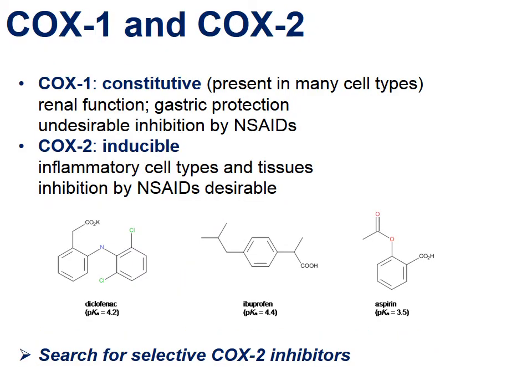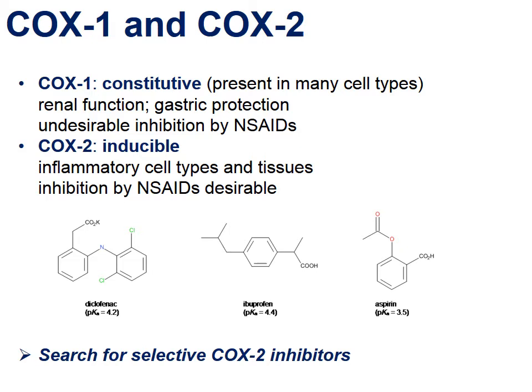So while the COX-1 and COX-2 enzymes are very similar and carry out basically the same reaction, there are some unique characteristics of these enzymes. COX-1 is a constitutive enzyme, so it's present in many cell lines at a more or less constant level. And COX-1 is important for various organ functions.